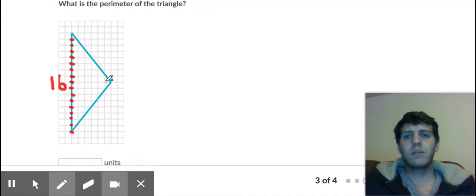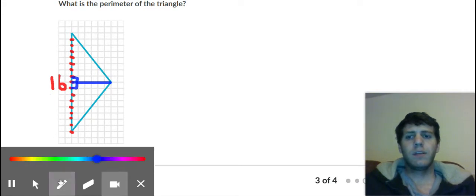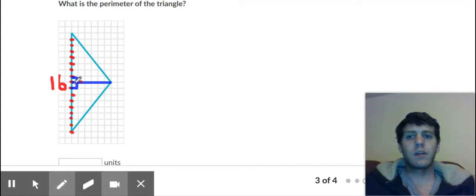If we draw a perpendicular bisector here, we now have 2 right triangles. And we also have the height of the triangle. So we have the altitude. So 1, 2, 3, 4, 5, 6. So we know the altitude here is 6.